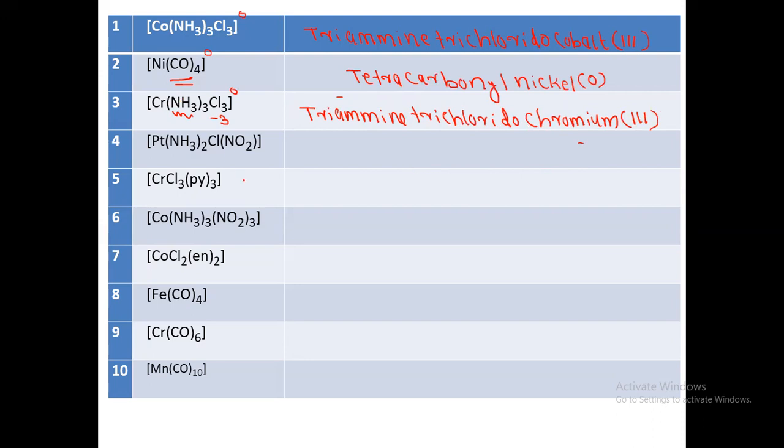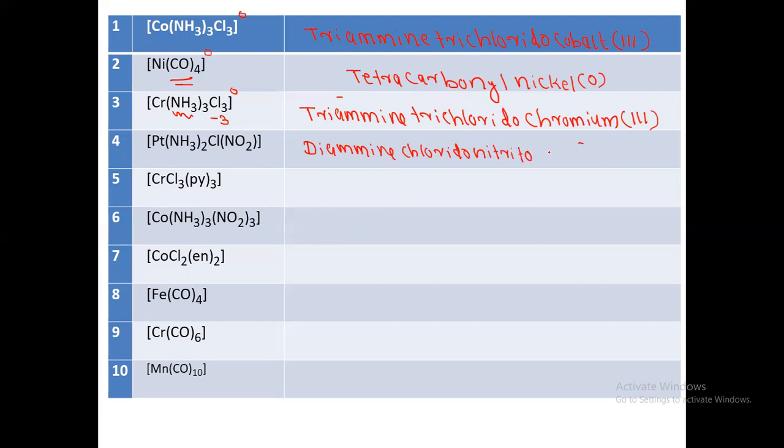Now the fourth one. How many ligands do we have? 3 different types of ligand: ammine, chlorido, then NO2. Here NO2 means nitrite, so nitrito, and N is the donor, so nitrito-N. Alphabetic preference goes to NH3. So 2 ammonia, so diammine, double M, diammine. Then chlorido, then nitrito.